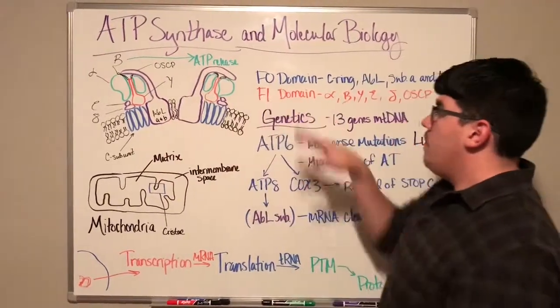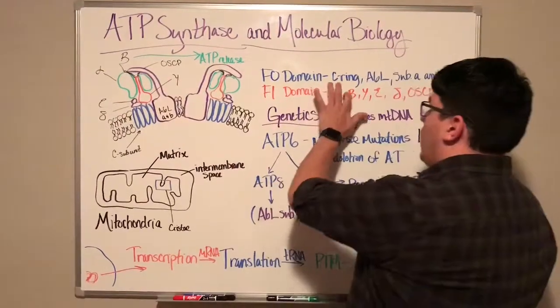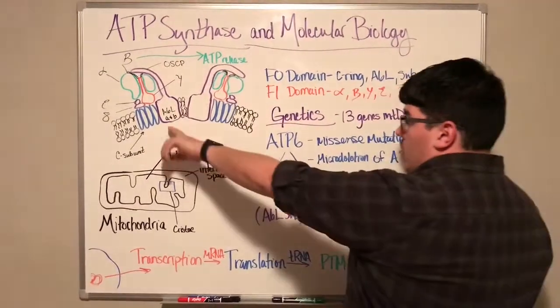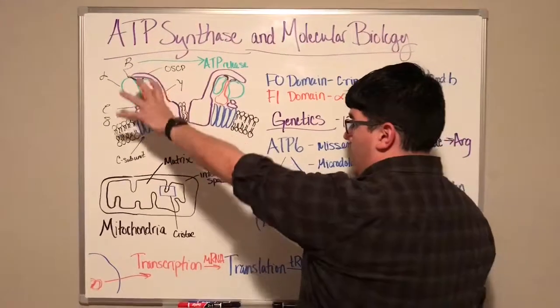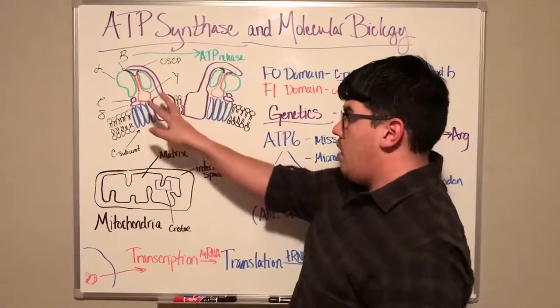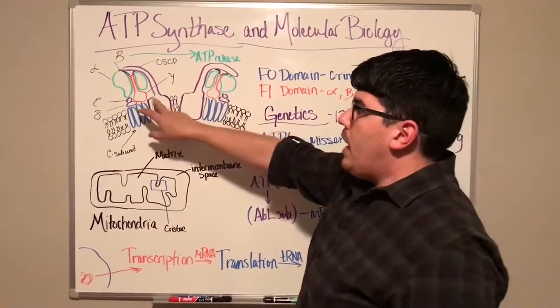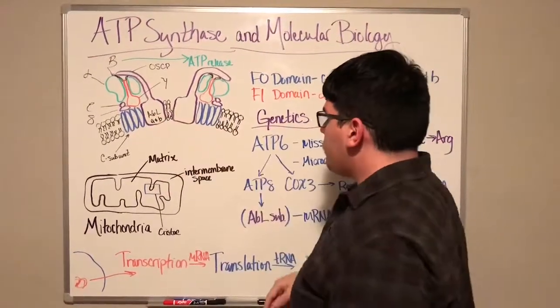So we have the F0 domain, which is this region right here: the C ring, the A6L, the subunit A and B, which are part of this peripheral stalk here that is said to actually keep the ATP synthase structure together and aids with the rotation of this subunit.